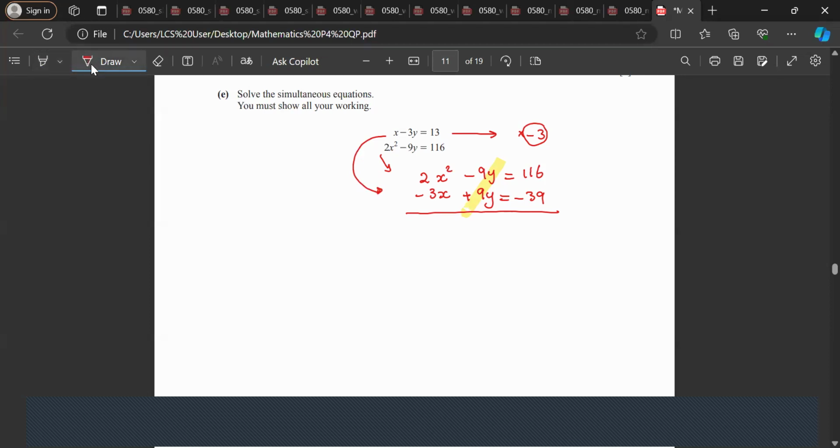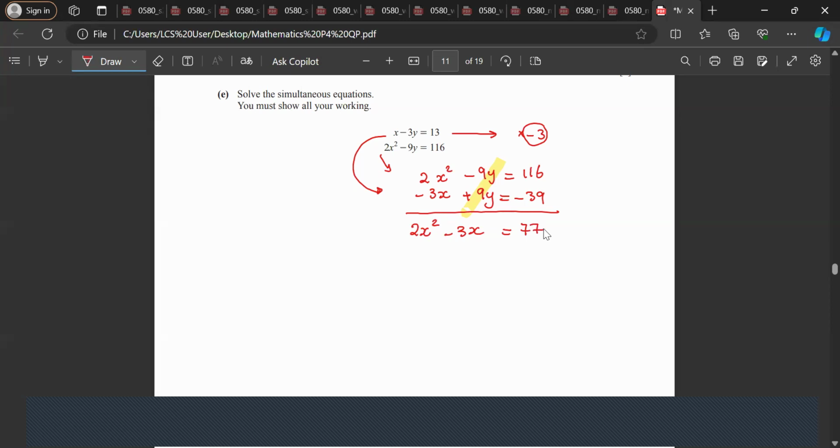So if we are adding them, can we add two different terms like this? Can we make it 2 minus 3 is -1? No, because this is x squared and this is x. So I will write them as they are: 2x squared minus 3x equal 116 minus 39 equal 77.